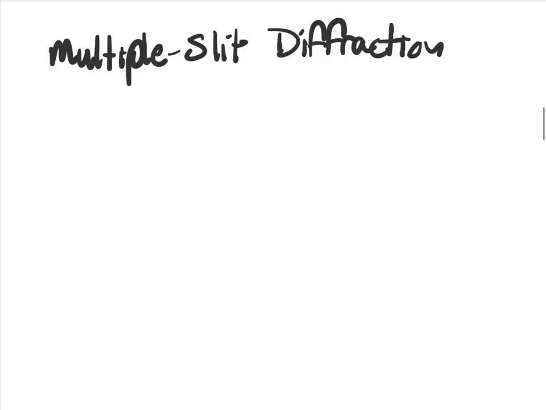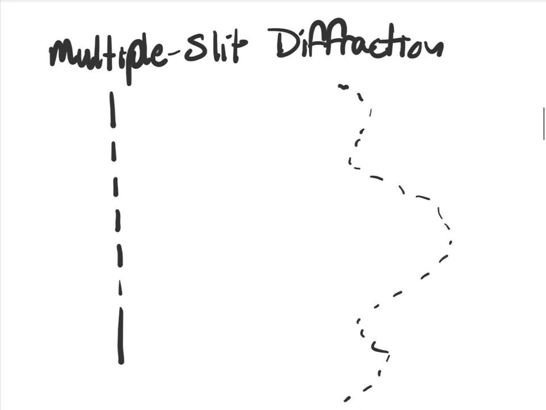Okay, now let's talk about multiple slit diffraction. Now, instead of 2 slits, we're going to have many slits. Like before, they will have a width of w, which means that we're going to have an envelope that is a sinc function, or sinc squared for intensity.